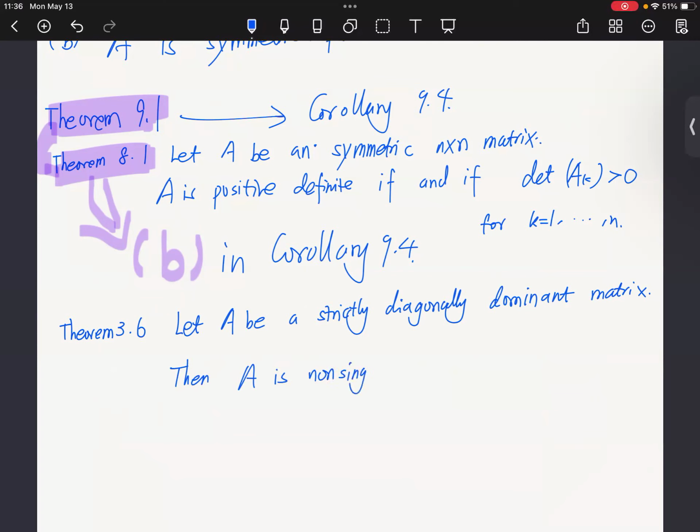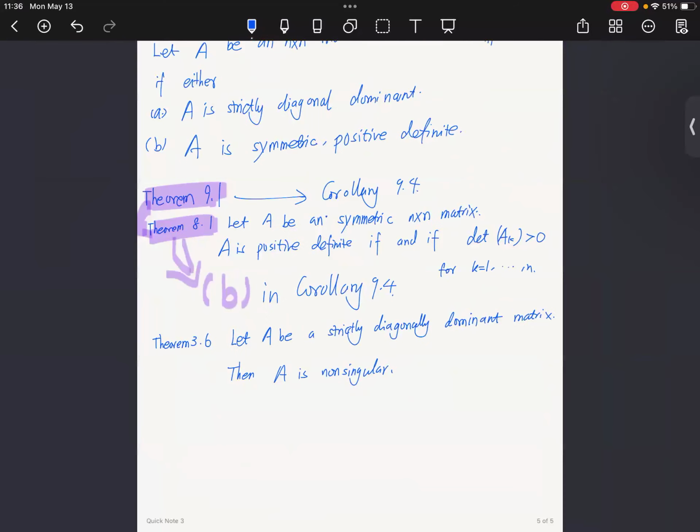And how can we use this to get the corollary 9.4a? First, this is the theorem 3.6, and then we want the determinant of A_k not equal to 0 for A, for all the leading principal submatrices here.